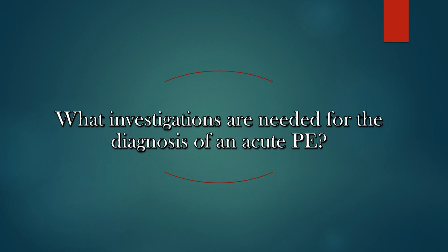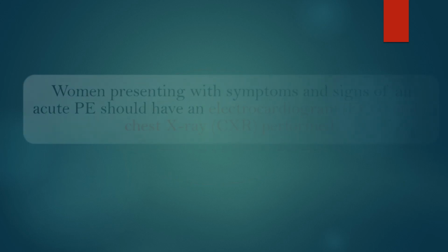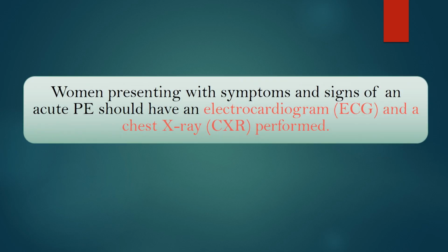What investigations are needed for the diagnosis of an acute PE or pulmonary embolism? Women presenting with symptoms and signs of an acute pulmonary embolism or PE should have an electrocardiogram or ECG and a chest X-ray performed.